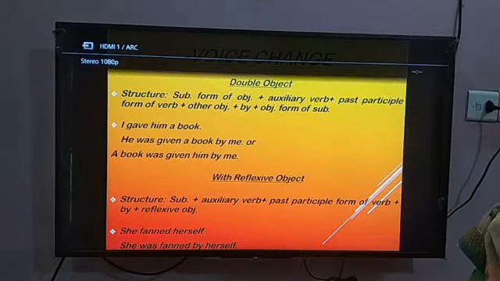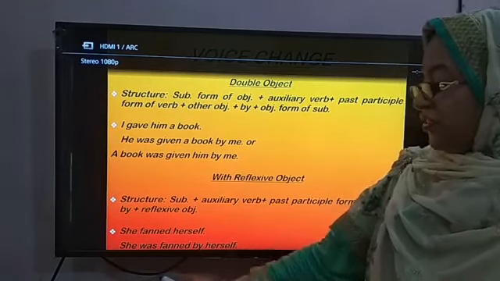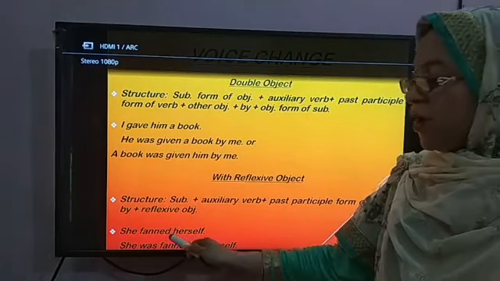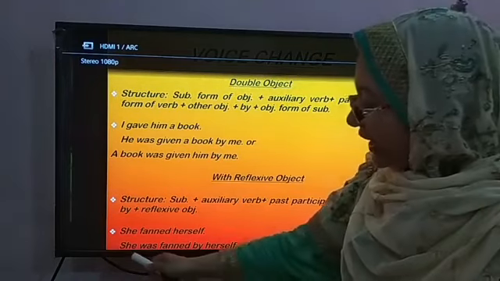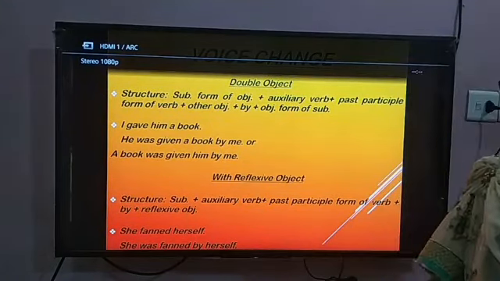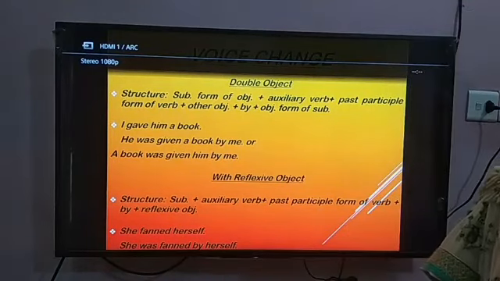How can we turn it into passive? Only herself becomes she. She was fanned, because it is past form, fanned. So I use was. She was fanned by herself.